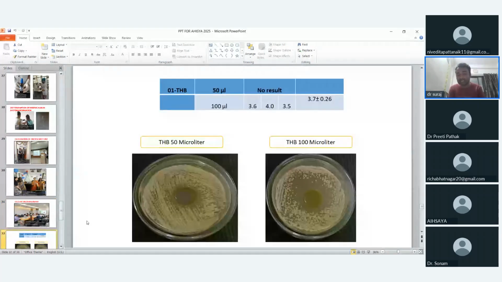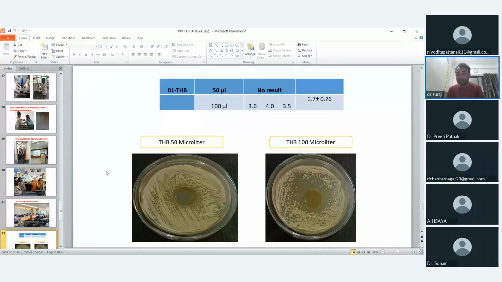Now you can see this is the in vitro study of the nanoparticle in the oil base. So this is Candida albicans. This is THB, that is Thuja hair oil from Bhadoria with the nano preparation. In 50 microliter, they are having no zone of inhibition, so it is no result.